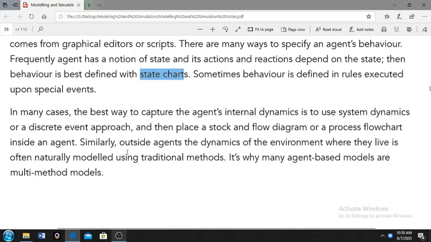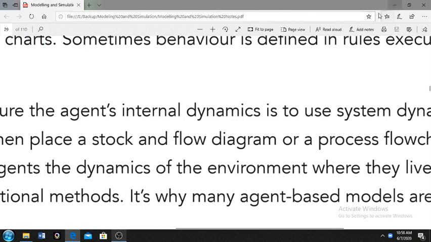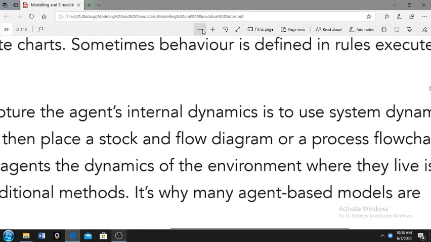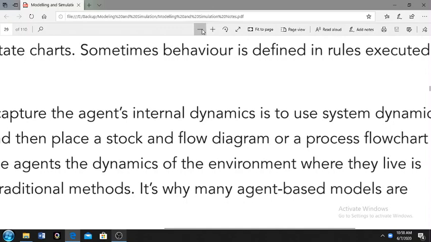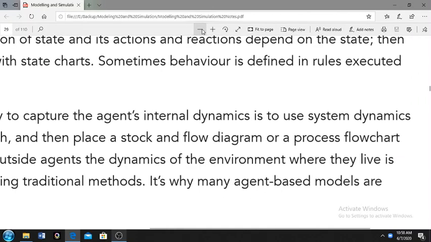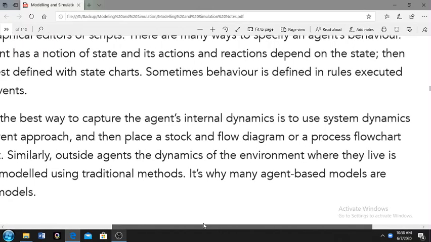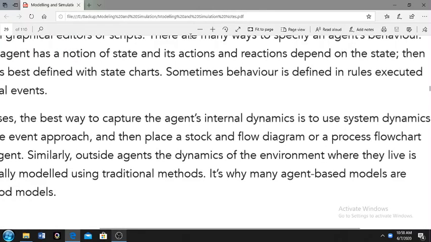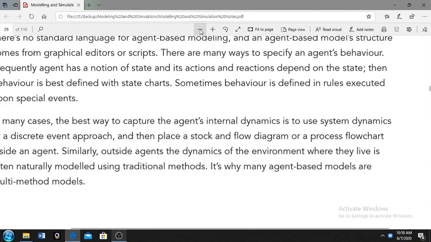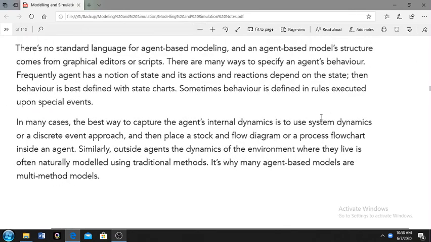Now, what do we mean here? With system dynamics, you use stock and flow diagram.